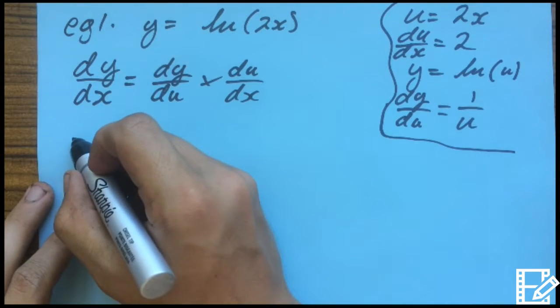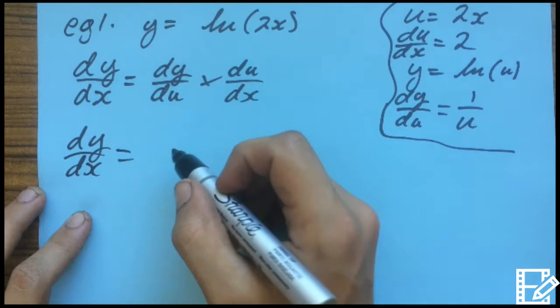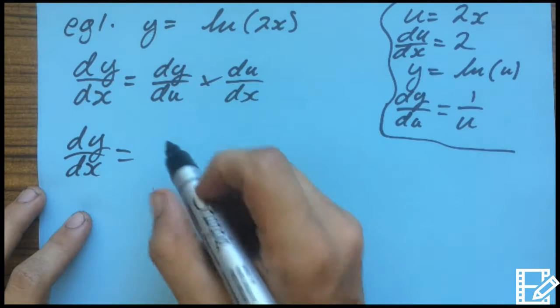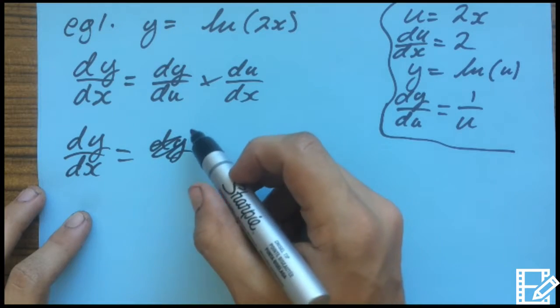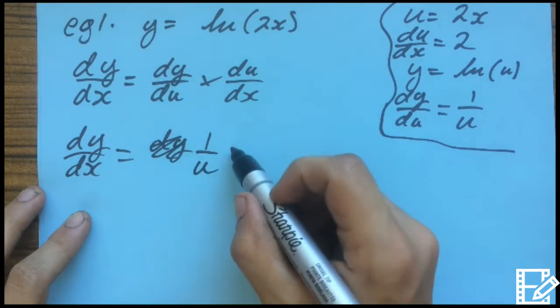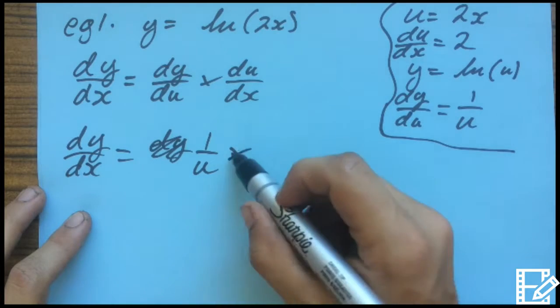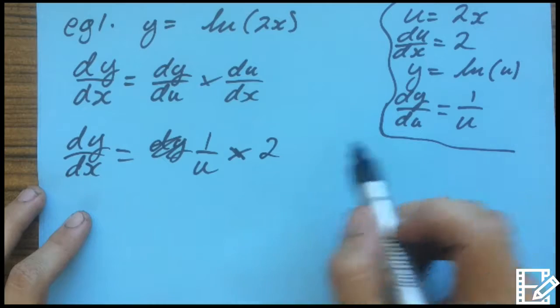So if we fill this in, what we end up with is dy over du, which is 1 over u, multiplied by du over dx. du over dx is 2.